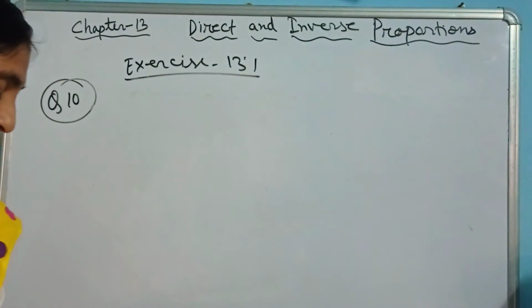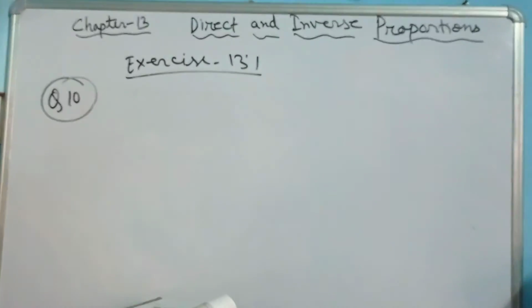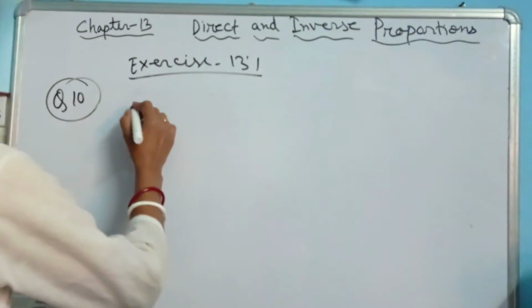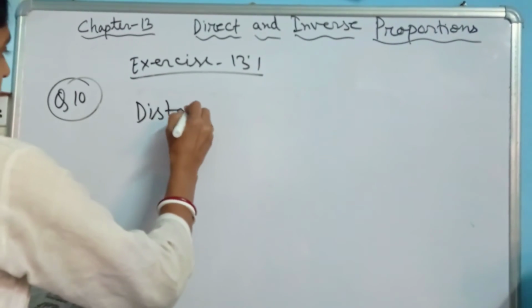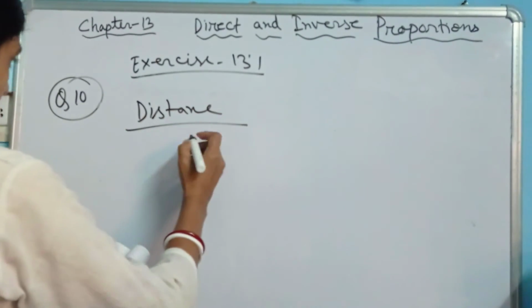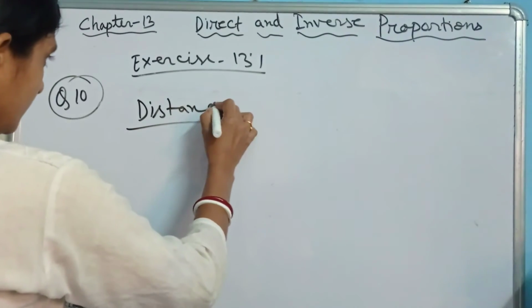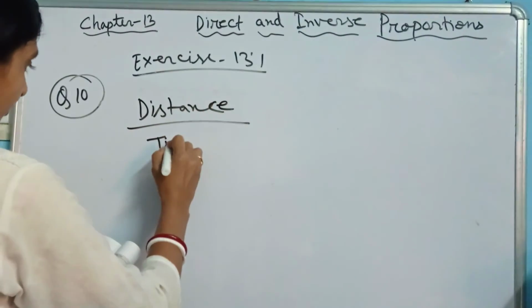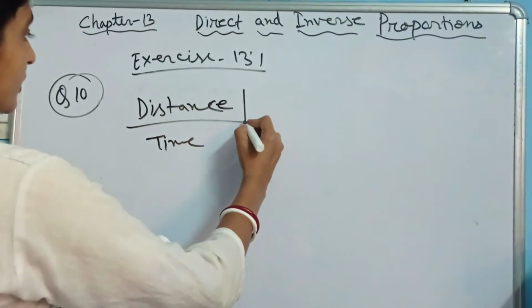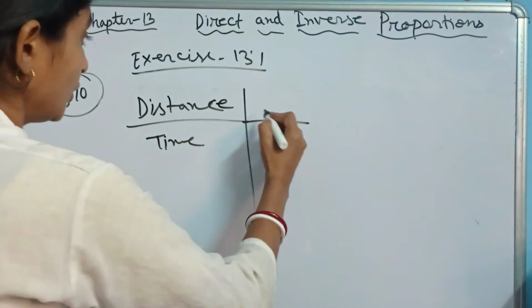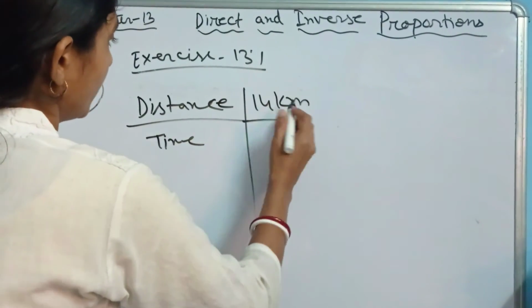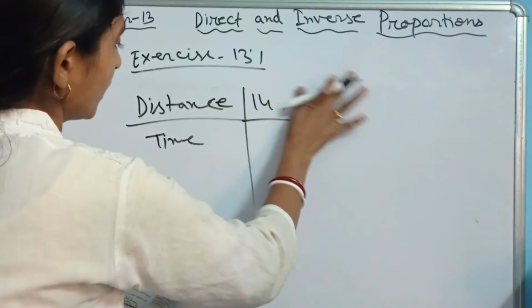In the first part it has been given the distance traveled and the time taken. So let's take distance and time. The distance is 14 kilometer and the time taken is 25 minutes.